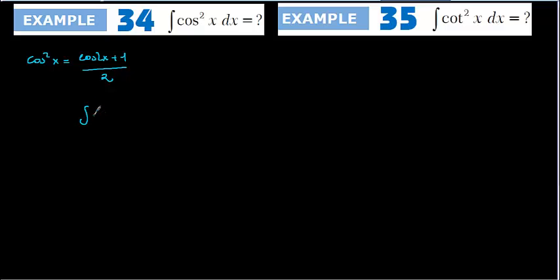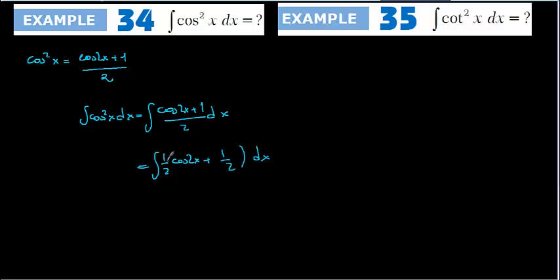Integral cosine square x dx is going to be equal to integral of cosine 2x plus 1 over 2 dx, that's equal to 1 over 2 integral of cosine 2x plus 1. I separate this into cosine 2x and 1, as 1 over 2 integral dx.